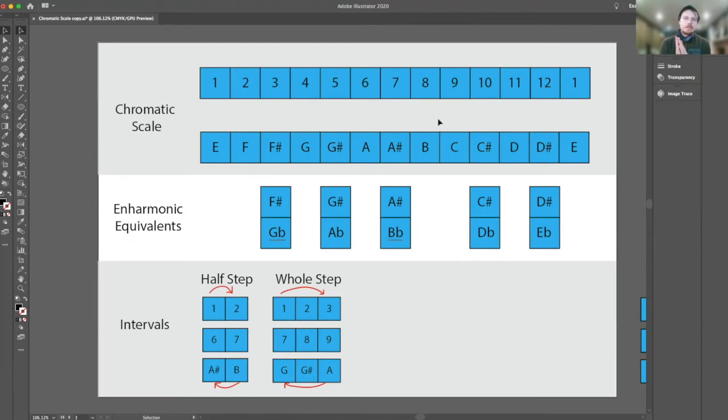And everything that has ever been created in Western music or ever will be created only uses these 12 notes. The reason why I have a 1 at the end here is because after these 12, it repeats ad infinitum.